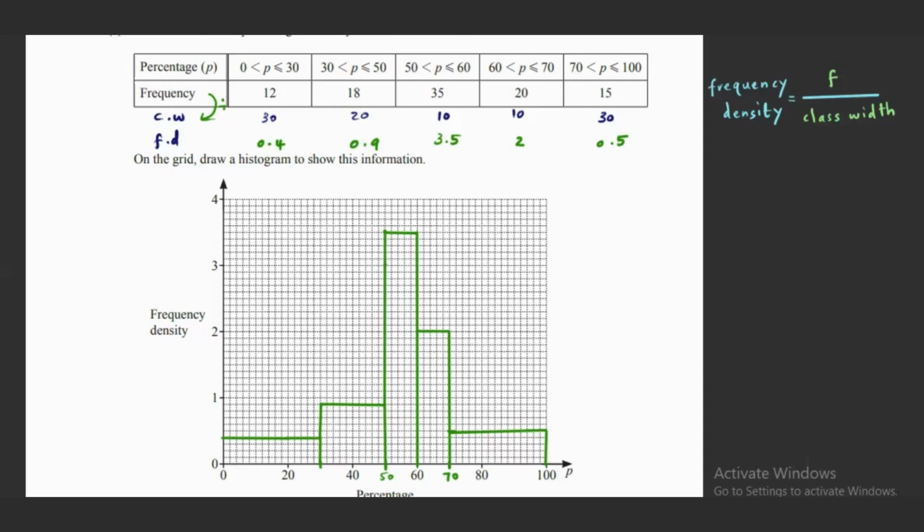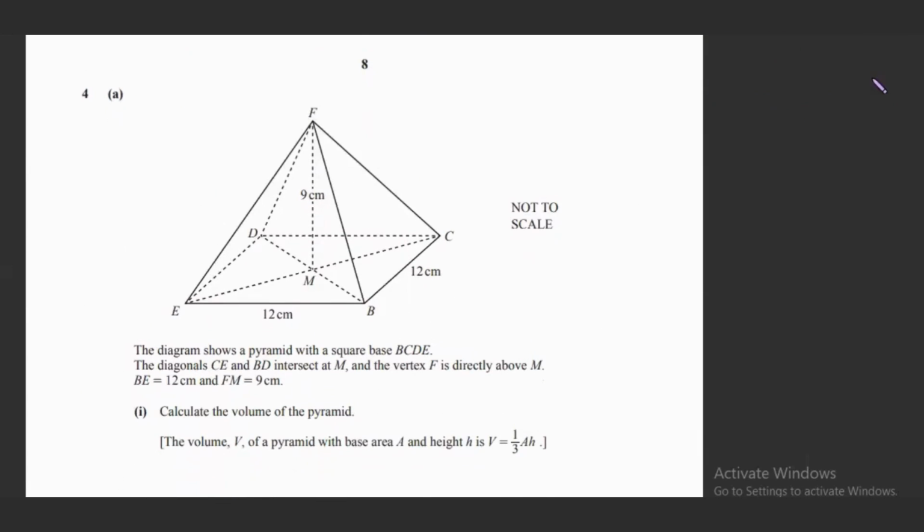Let's move on to question 4. The diagram shows a pyramid with a square base BCDE. BCDE is a square base, which means all 4 sides of the base are equal. The diagonals CE and BD intersect at M, and the vertex F is directly above M. So this M is the midpoint of the square.